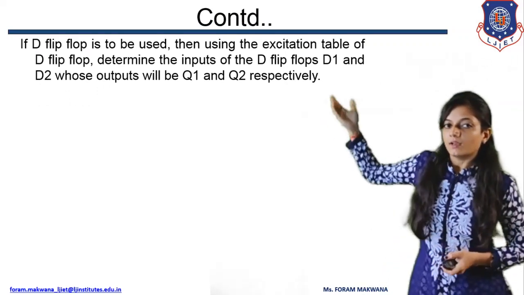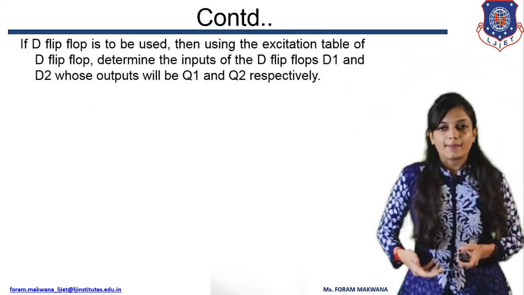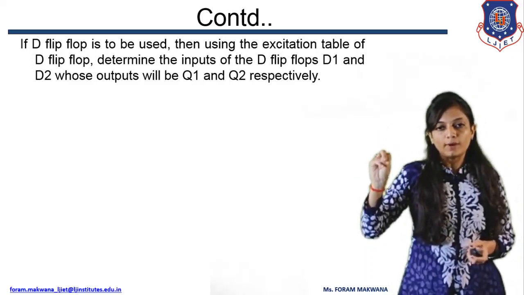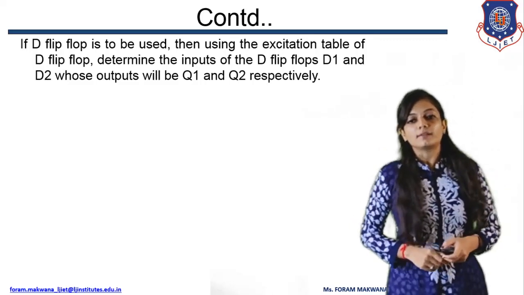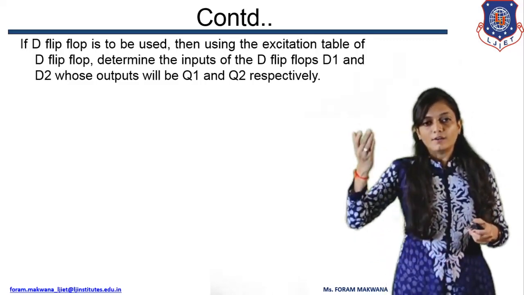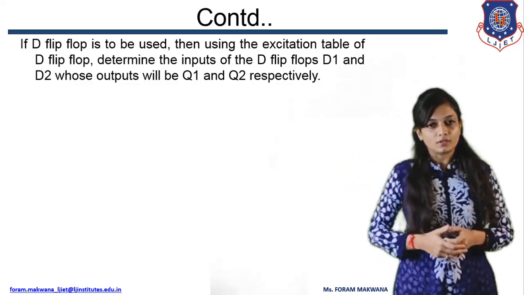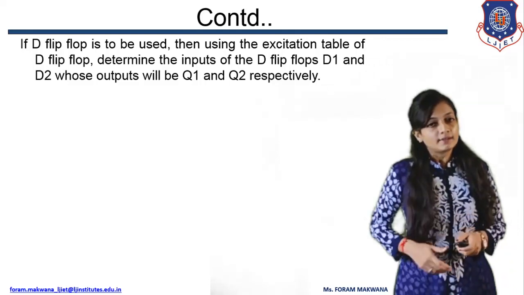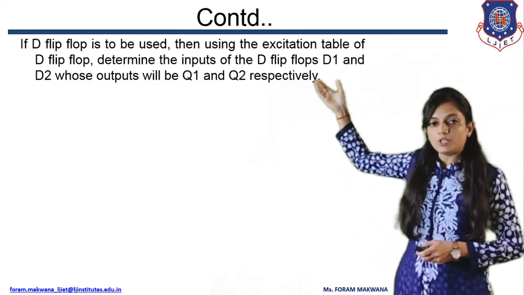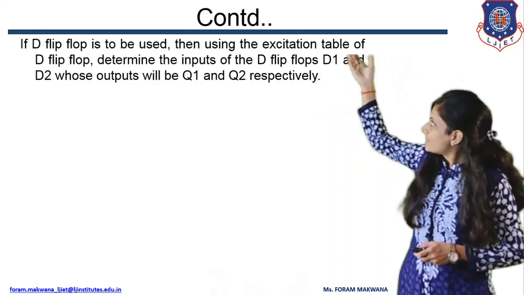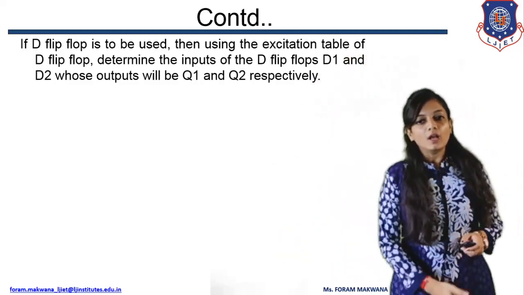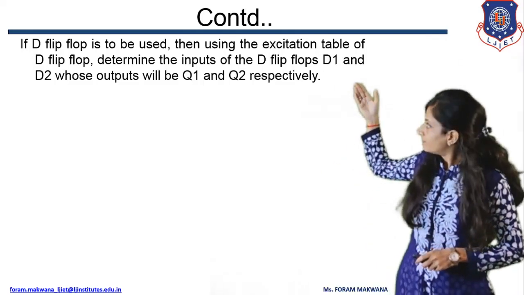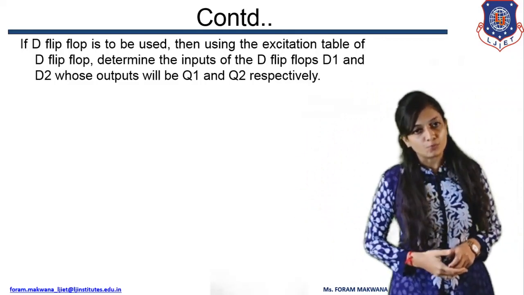We have used a D flip-flop. Why? A D flip-flop has only one input and 2 outputs, Q and Q bar, where one output is the complement of the other. If a D flip-flop is to be used, then using the excitation table of the D flip-flop, we need to determine the input of the D flip-flop and the corresponding outputs.